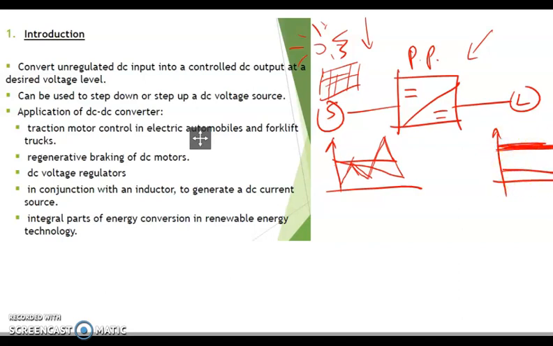Let's say we have a grid as a load, so 400 volts is our voltage level. We have a stereo, maybe 13 volts. We have an LED load, so 5 volts. So these are the variants of voltage output required by the load. Meanwhile, our incoming voltage will fluctuate higher or lower based on the intensity of the sun.